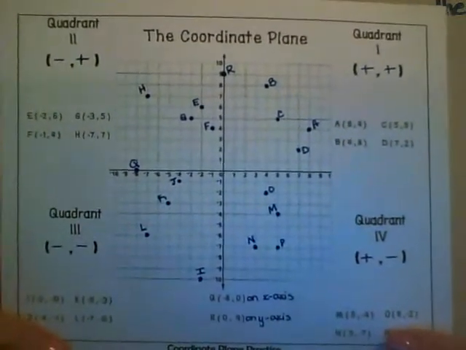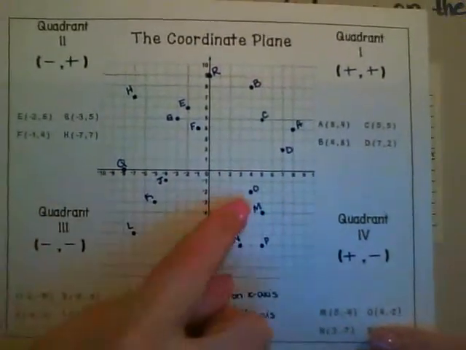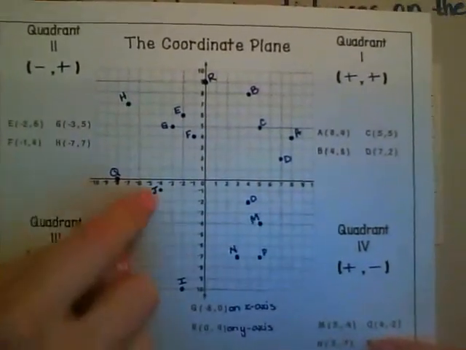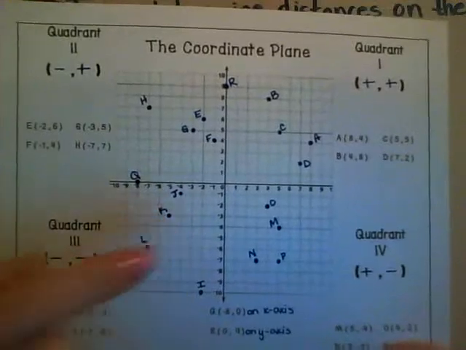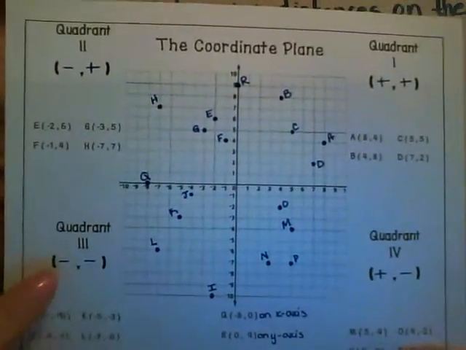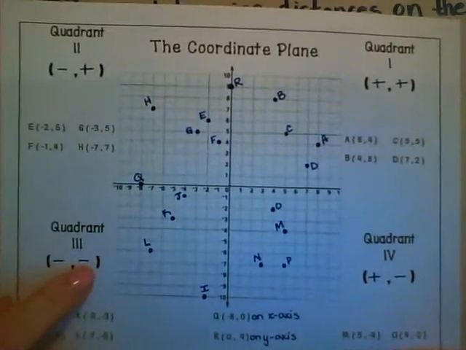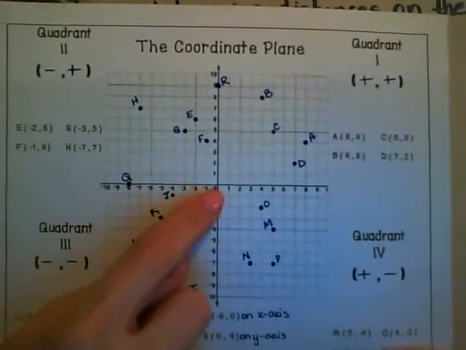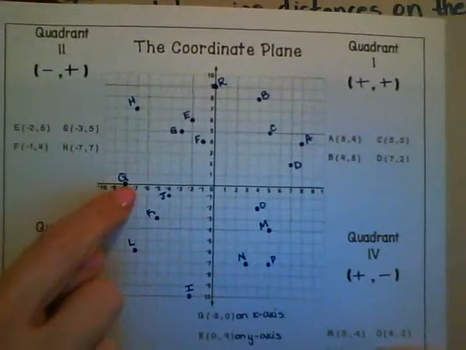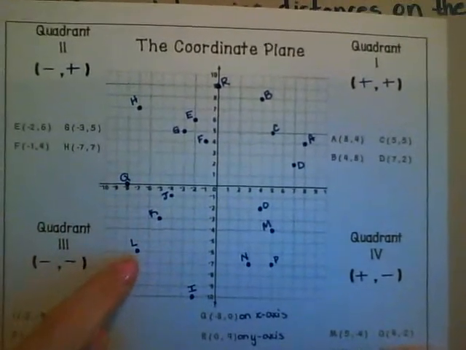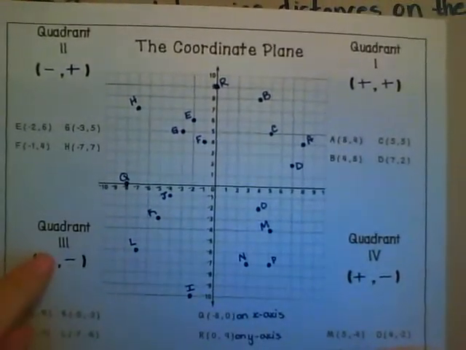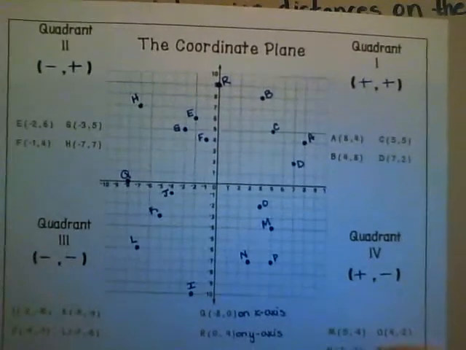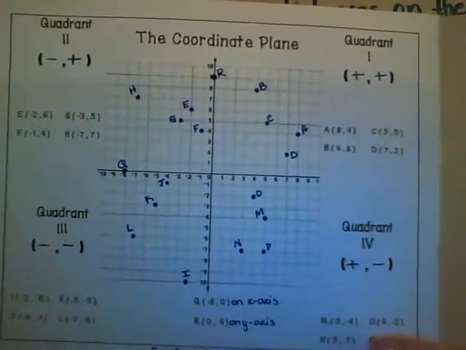For a point to land in the third quadrant, both numbers have to be negative, negative, because from the origin you have to move left first and then down. So left and then down, both of those directions indicate negative, negative.